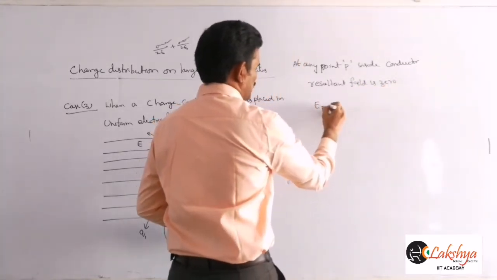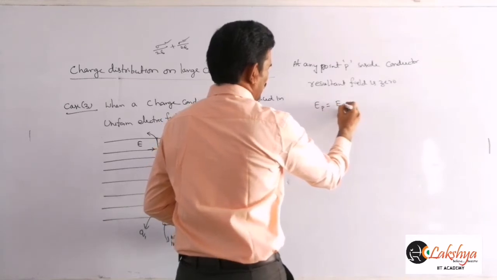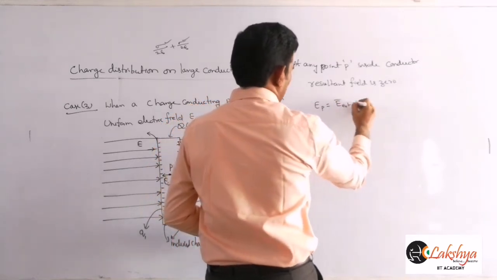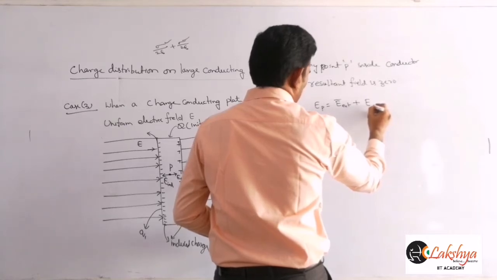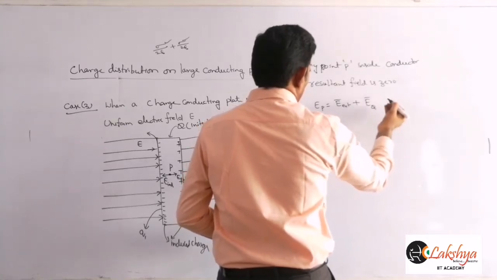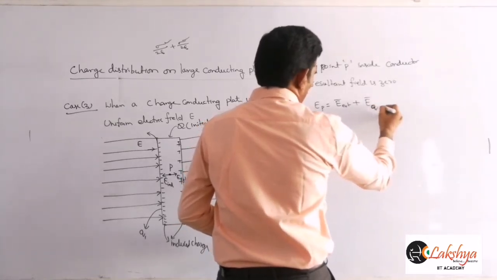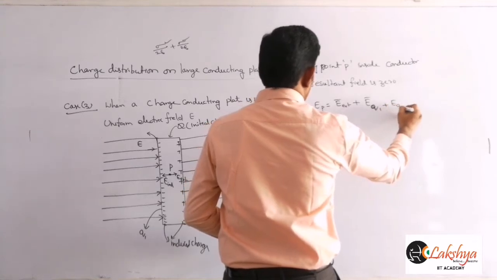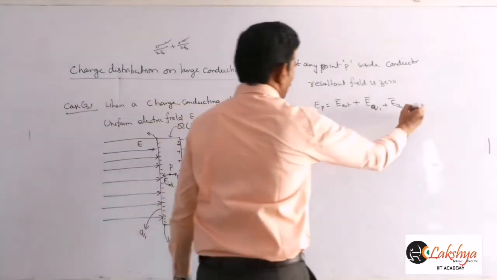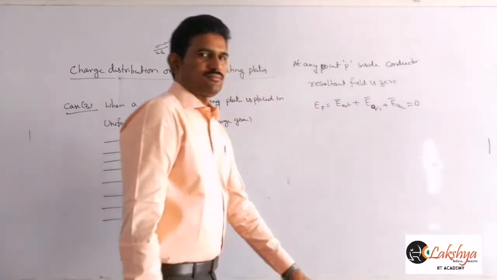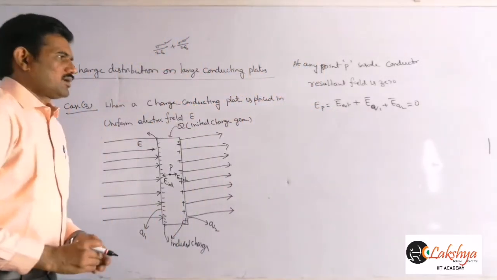Therefore, I can write this as external field plus the field due to the net charge. That means whatever this Q1 and Q2, we can consider here. Right? So this value must be equal to 0.